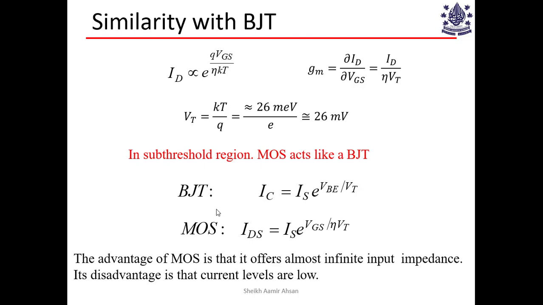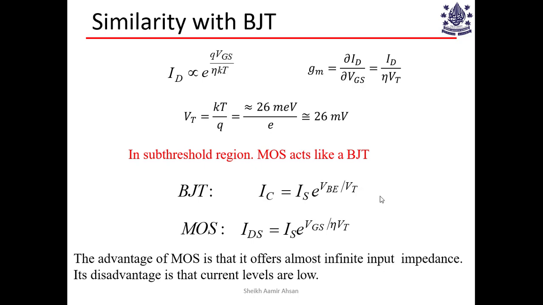But on the other hand, MOSFETs do have this advantage that you have a gate that has an oxide or a dielectric between the gate and the semiconductor. So that usually leads to a very high input impedance or an infinite input impedance. So by the way, what is input?